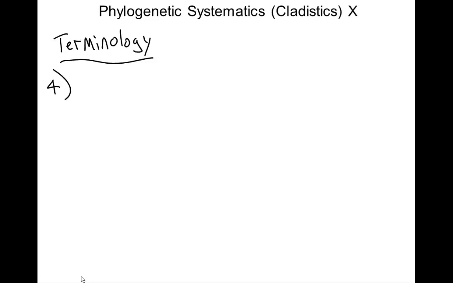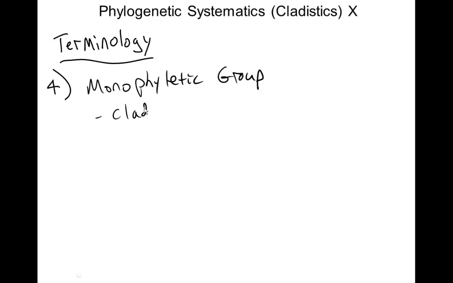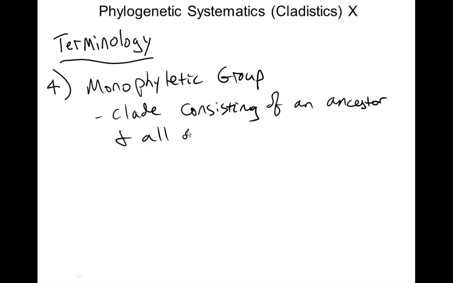So if we return back to the idea of a monophyletic group, let's define that again. A monophyletic group, as I mentioned before, is a clade consisting of an ancestor and all of its descendants.